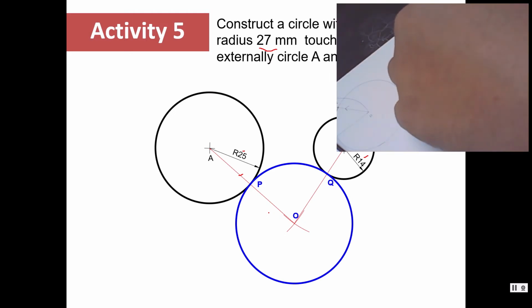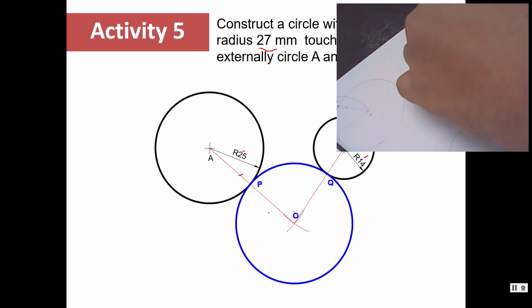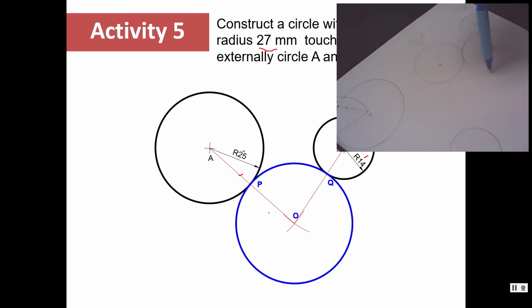So I'm just going to draw a circle that is going to touch the other two circles. Okay, so at the end I'm going to get this circle which will touch externally circle A and circle B, with the radius of R27.